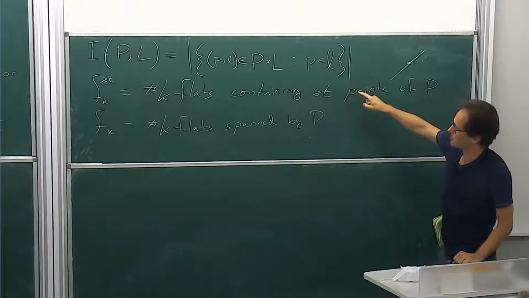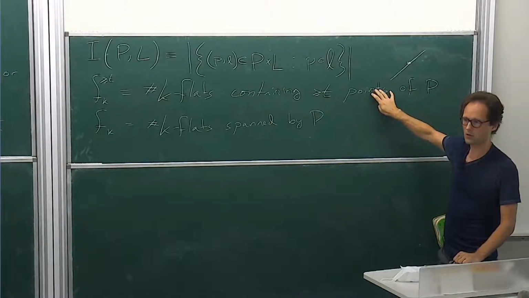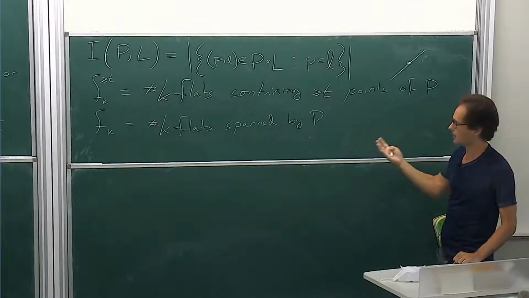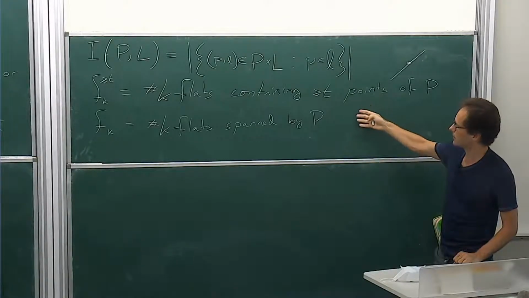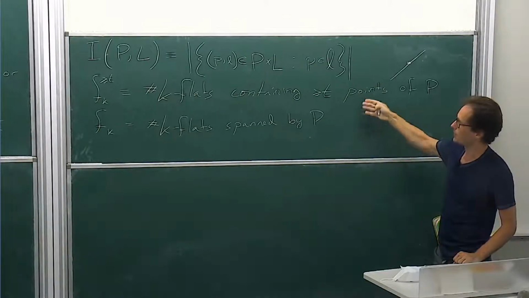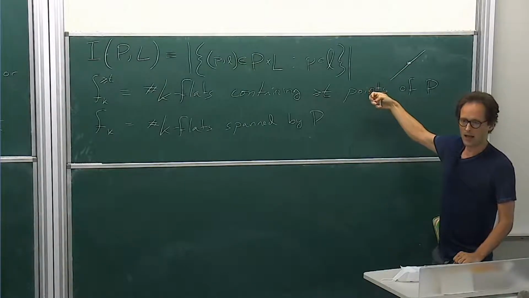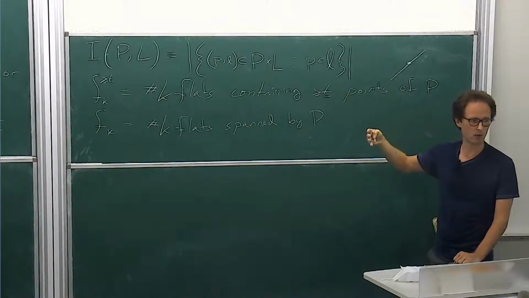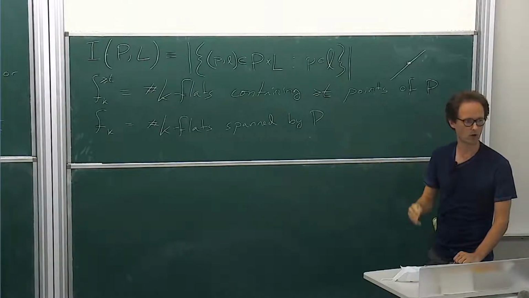For lines, if a line contains at least t points and t is at least 2, then that line is spanned by the set of points. For higher dimensions, say planes, if you have t collinear points, then any plane containing that line contains t points, but it's not necessarily spanned because those points are all collinear.